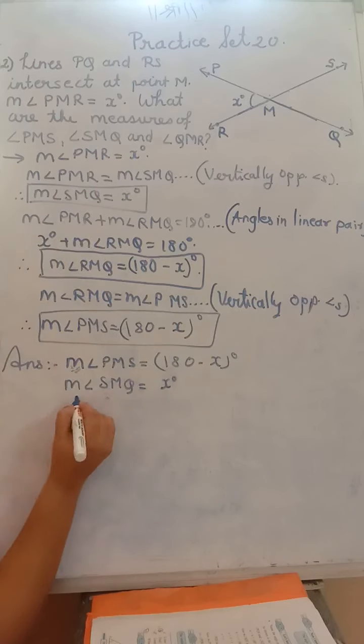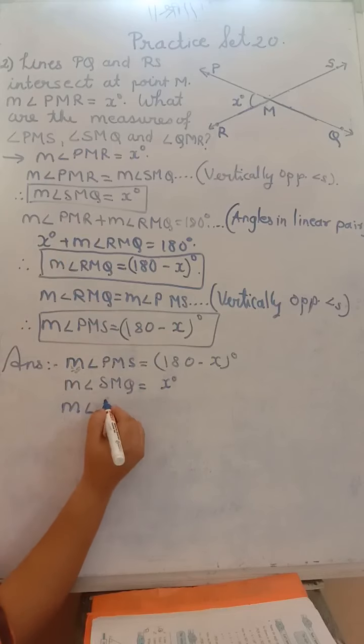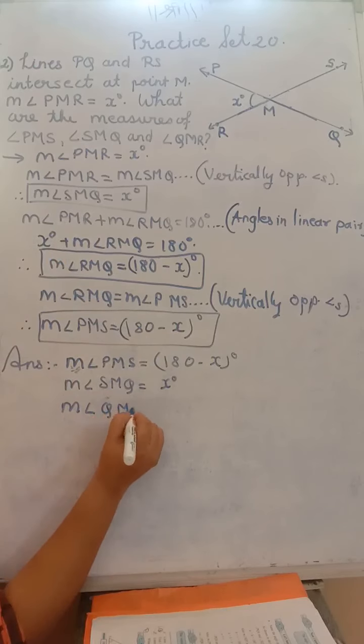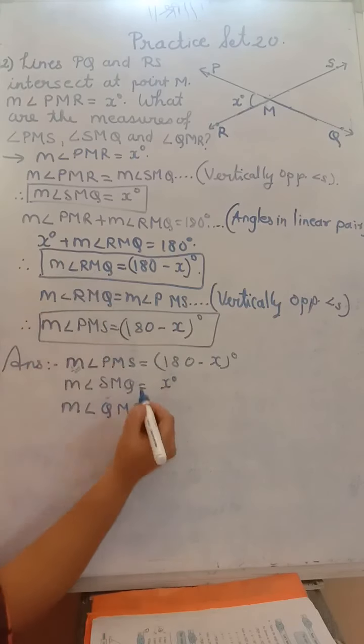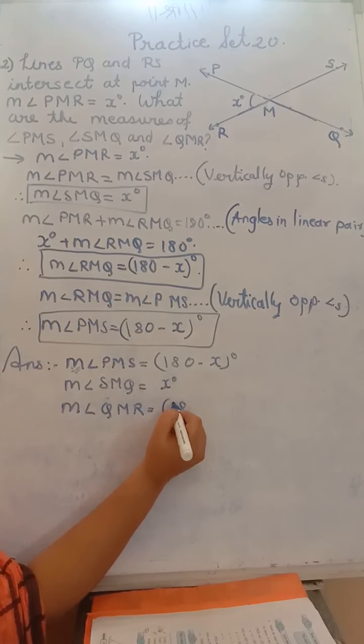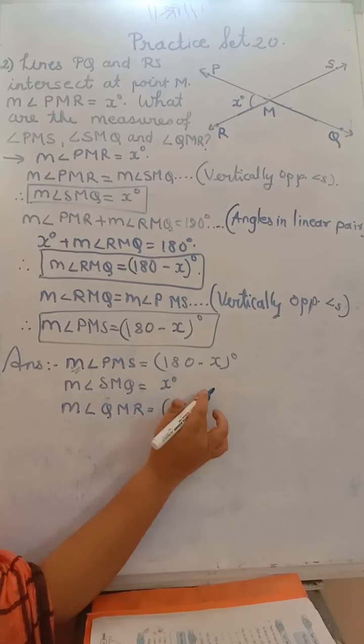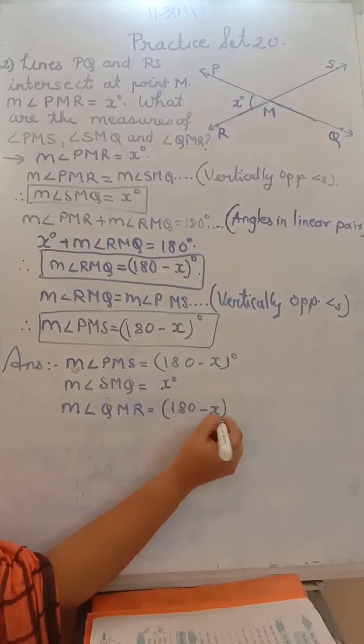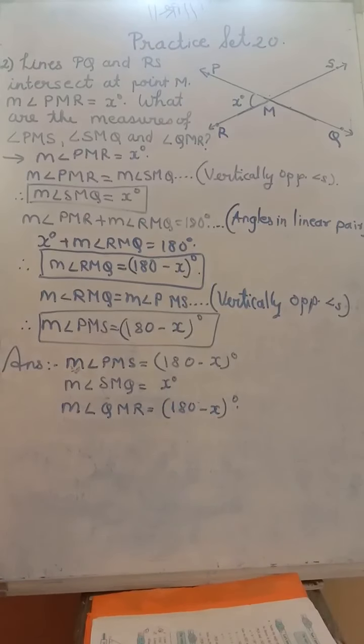It is x degree. And measure angle QMR. This only, yeah. QMR is equals to 180 minus x degree. So here we have finished practice set 20. Write down these two sums in neat handwriting in your CW.